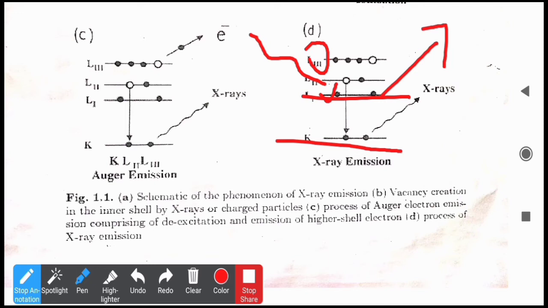This energy, which appears as the photon or X-rays, is nothing but the binding energy of that particular electron with the nucleus, which is related to the binding energy of the given electrons.